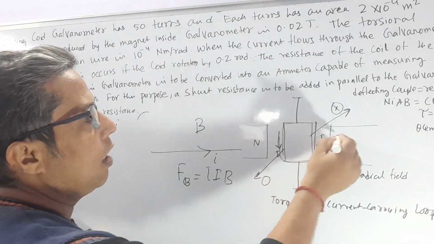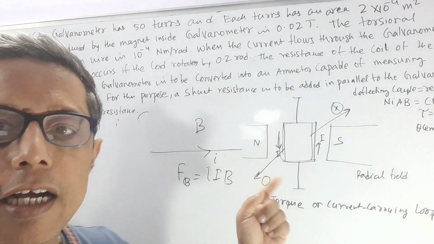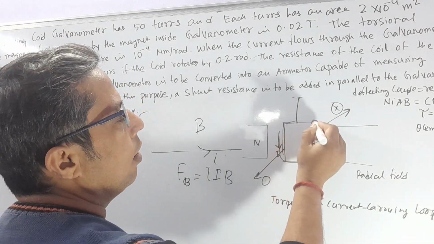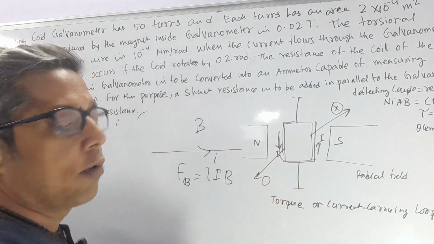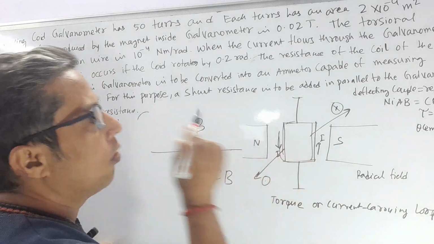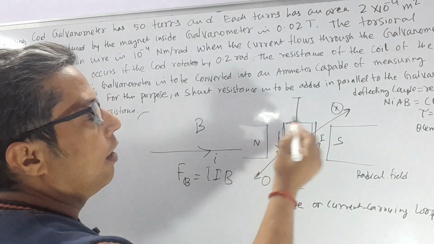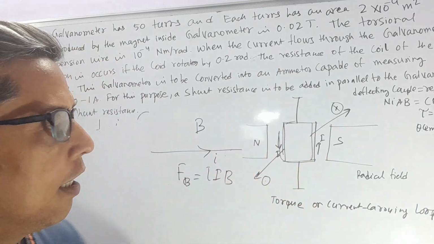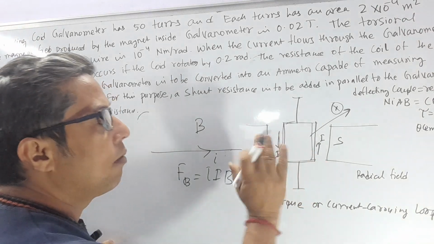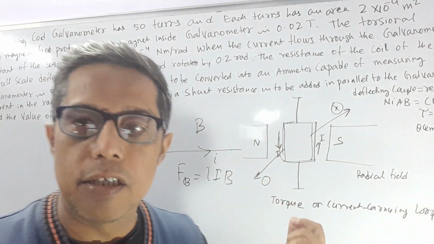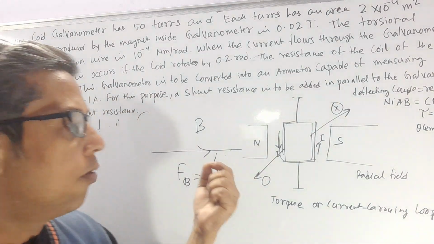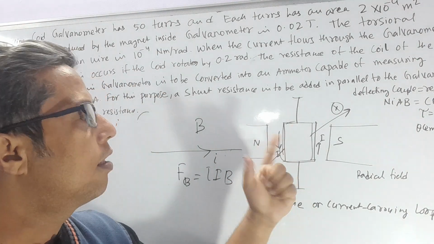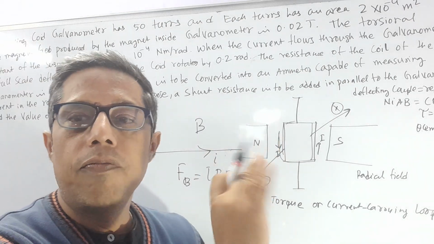We have a magnetic field present. It is a radial magnetic field, and there is a cause for that. And there is a coil of n number of turns. Whenever a current passes inside the coil, this coil will face a magnetic force and give some deflection. It is highly sensitive, meaning that for a very small current, like 0.1 ampere, the coil will deflect.